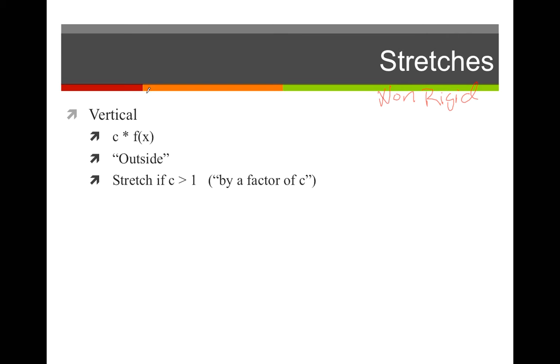So if we were to do, again, square root of x, it looks like this. At x equals 9, y equals 3.